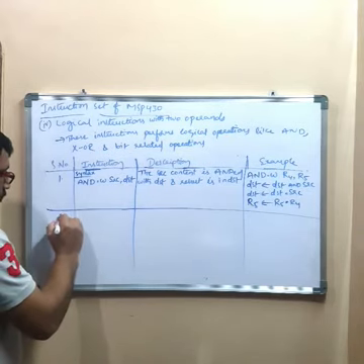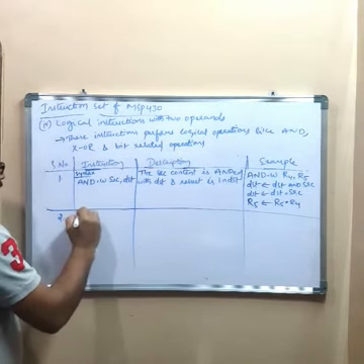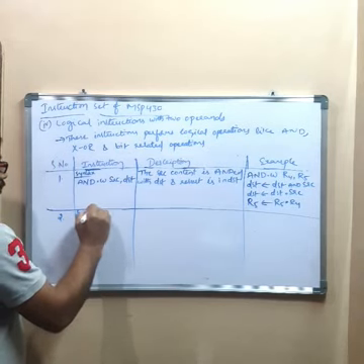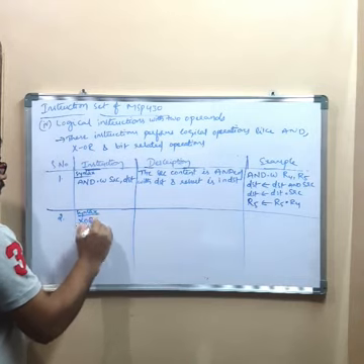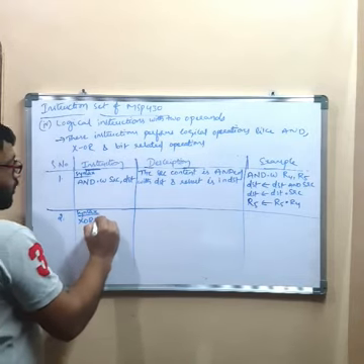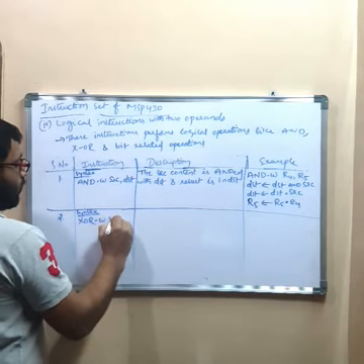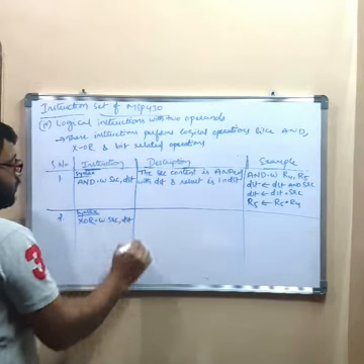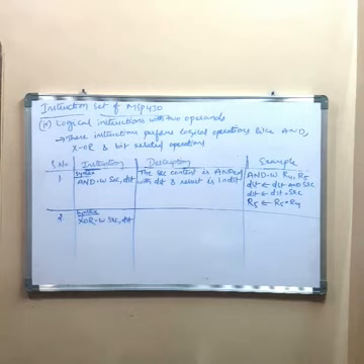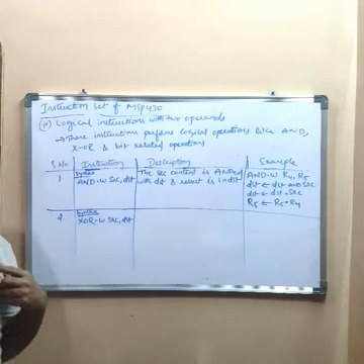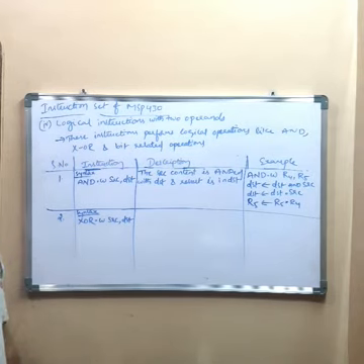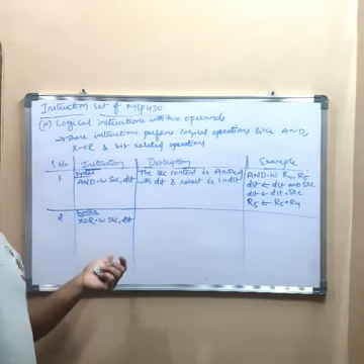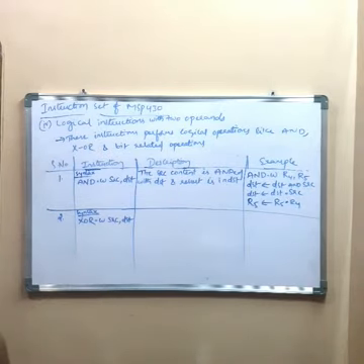Next, XOR. XOR.W source comma destination. You know the XOR operation, right? When any one of the bits is high, the output will be high. When all the bits are same, the output will be low, right? It performs this logical XOR operation, also called inequality.